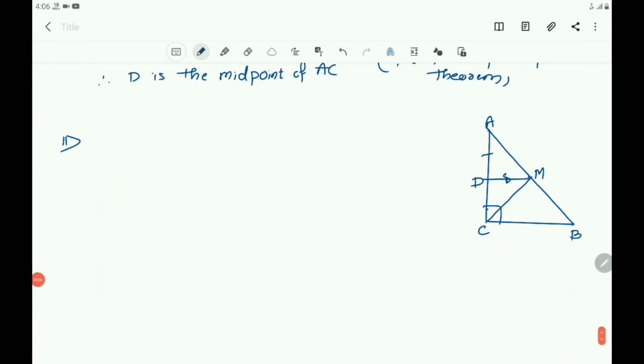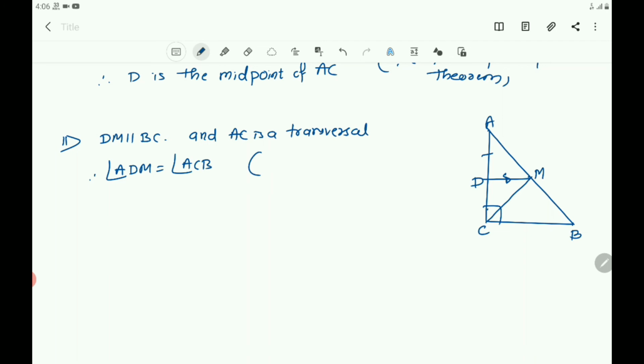So to prove the second one, you write DM parallel to BC and AC is a transversal. Therefore, you write angle ADM equals angle ACB, that is, they are corresponding angles.